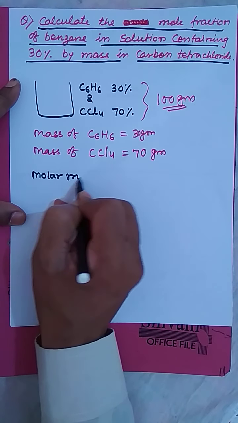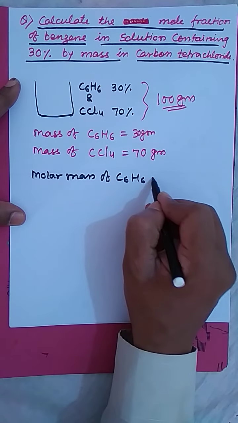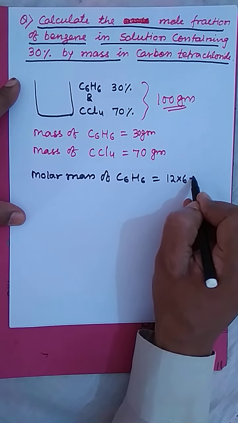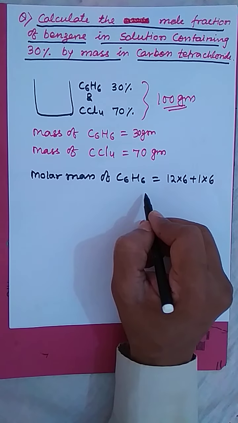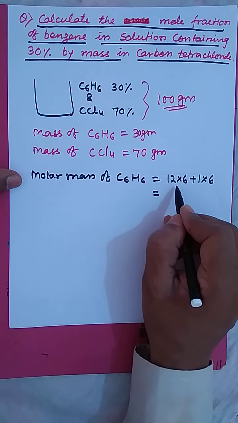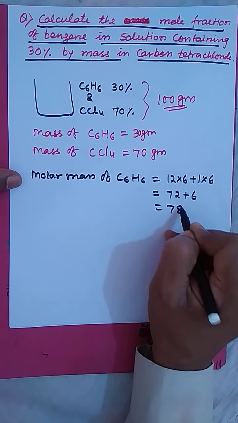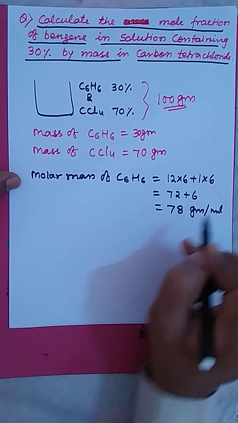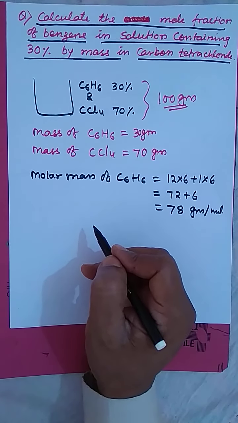Then molar mass of C6H6 is equal to 12 into 6 plus 1 into 6, and this is equal to 72 plus 6, this is 78 gram per mole, right? 78 gram per mole.